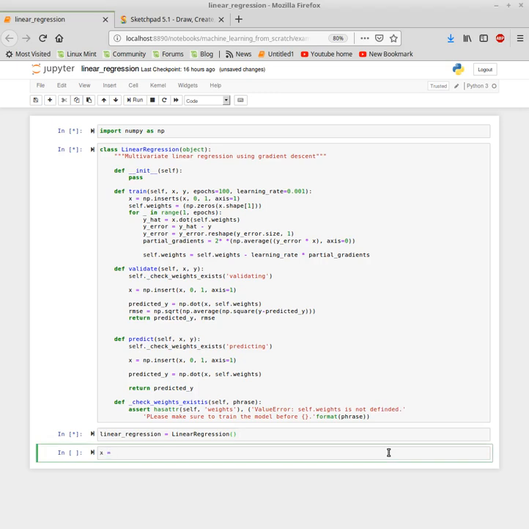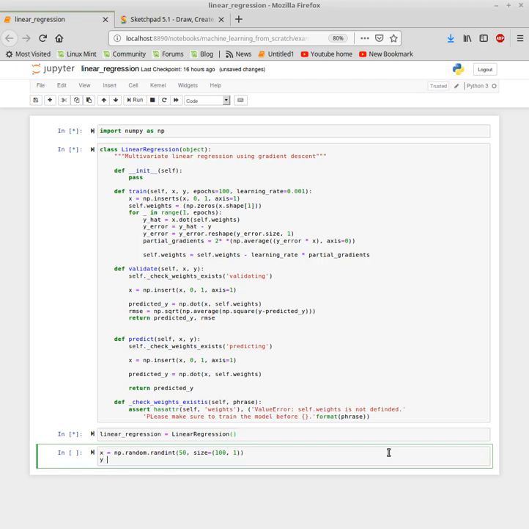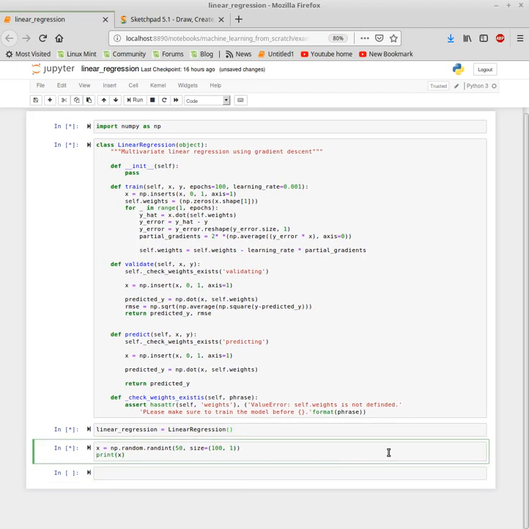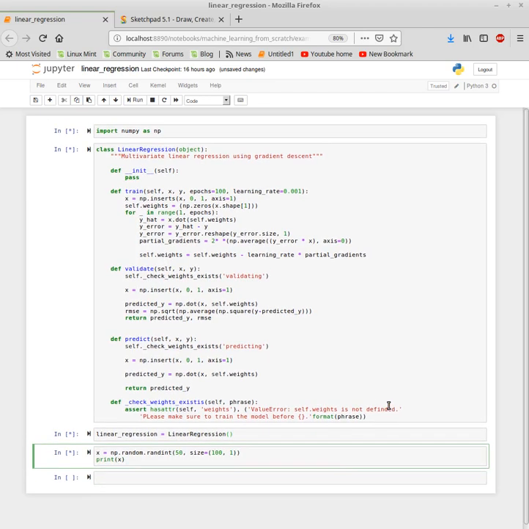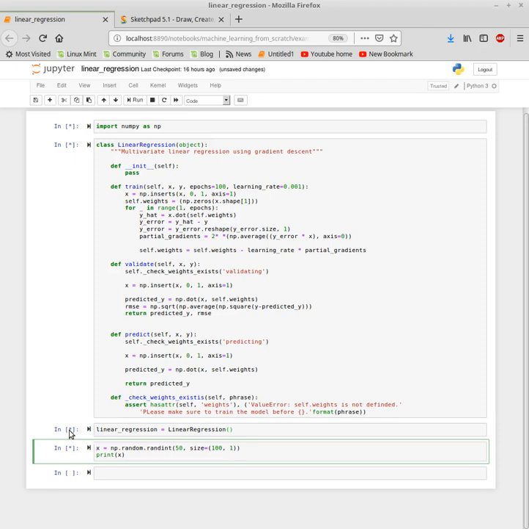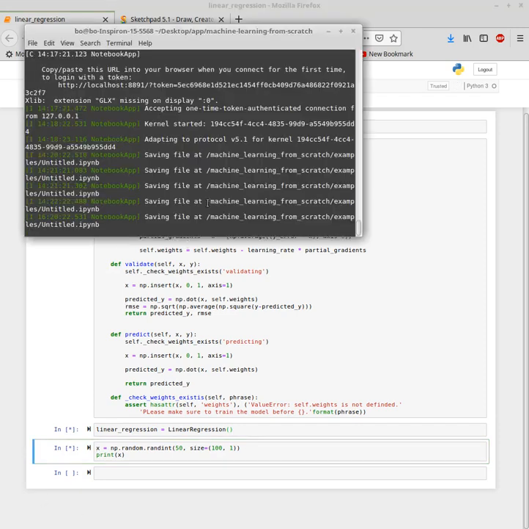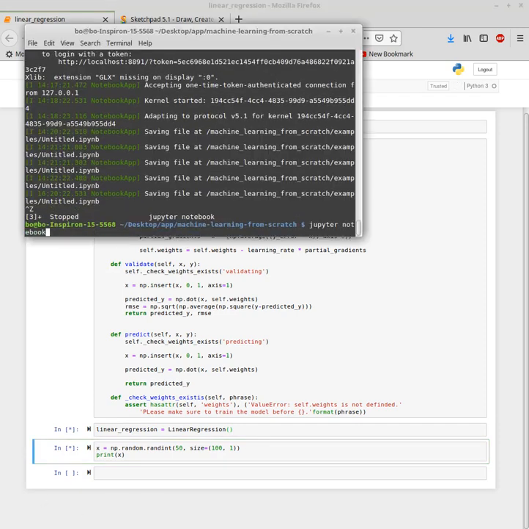We're going to initialize this object, and we're just going to put some random numbers for x, random 50, size equals 101, just random numbers. Now we can just print it to see what it is. Ah, I think this thing died. I have to run it again.